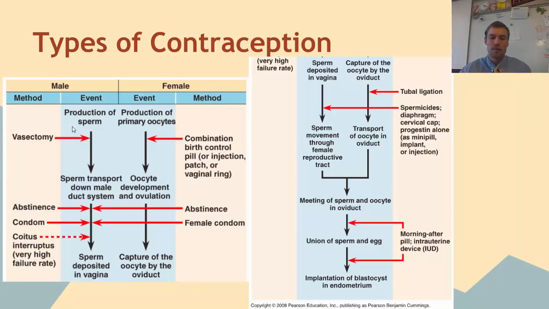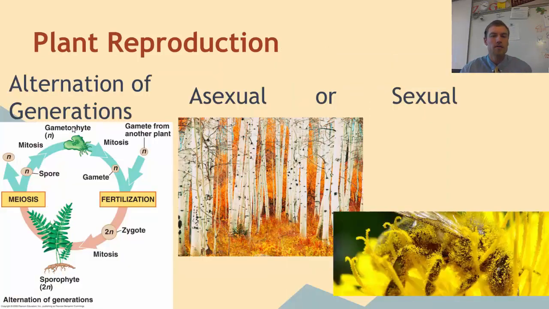Or you can use a morning after pill or an IUD. An IUD is kind of interesting. It's a device that is inserted into the uterus that prevents the egg cell from implanting, and so therefore, if it's fertilized, it's going to have a much harder time implanting. So, anyways, I think that's it for animal reproduction.